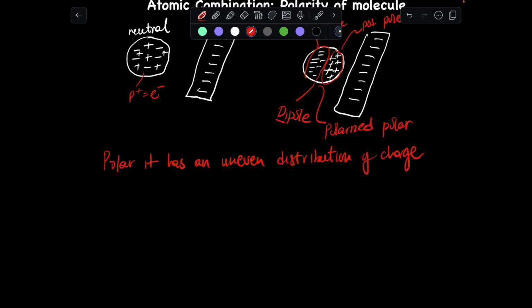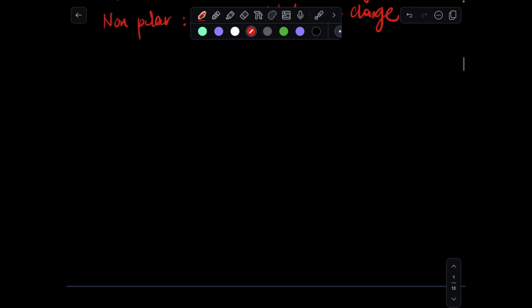Now something that is non-polar has an even distribution of charge. Now let's go to molecules.